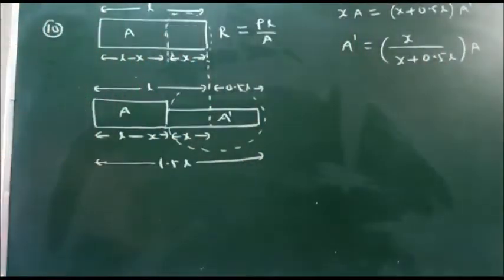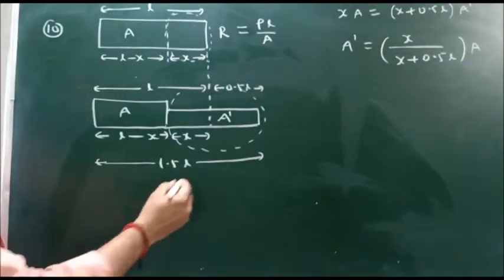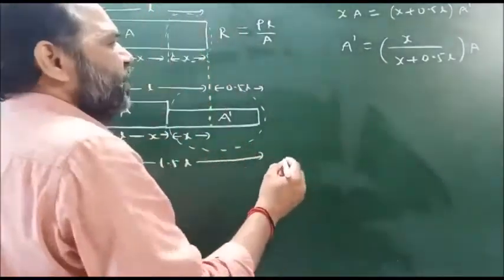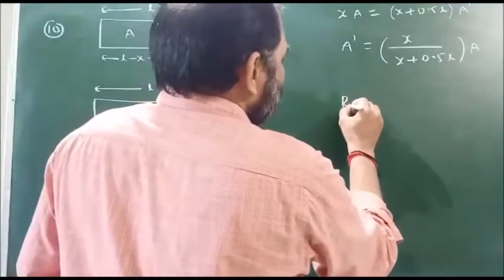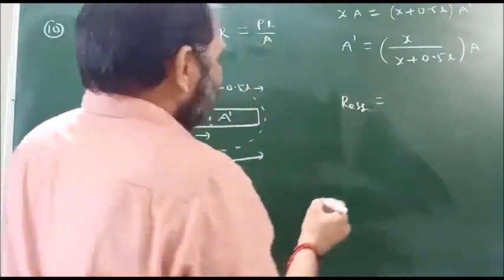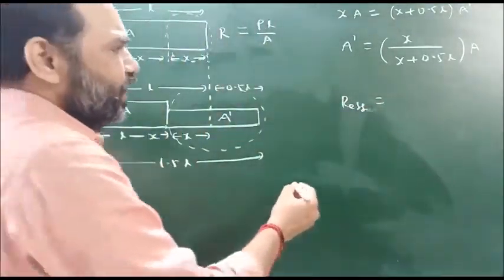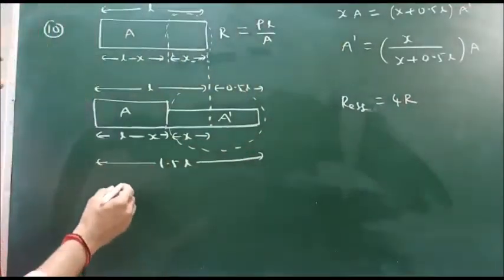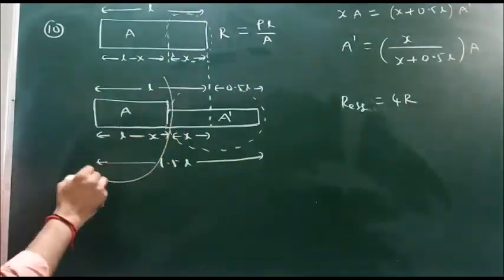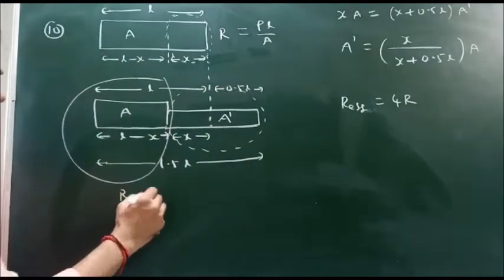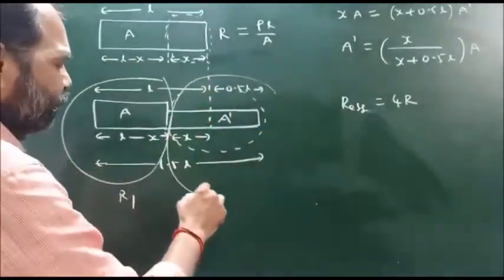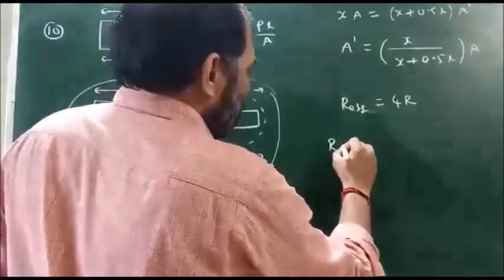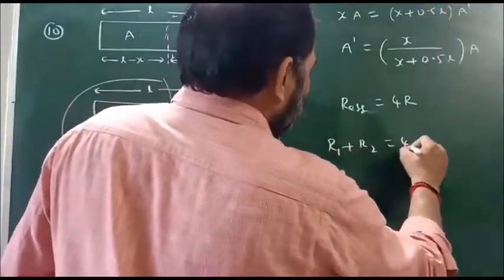In this case, they gave that the effective resistance of this total stretched combination becomes 4 times the initial resistance. If the final resistance of the total combination is R effective, then we can write it as 4R. Let the resistance of this unstretched part be R1 and the resistance of this stretched part be R2. Then R effective means R1 plus R2 equals 4R.